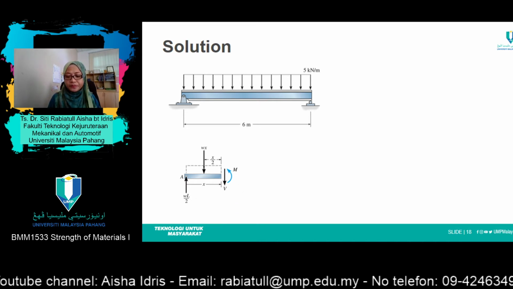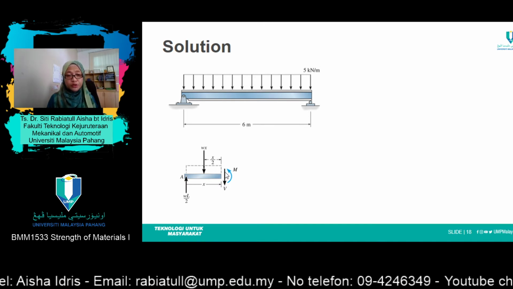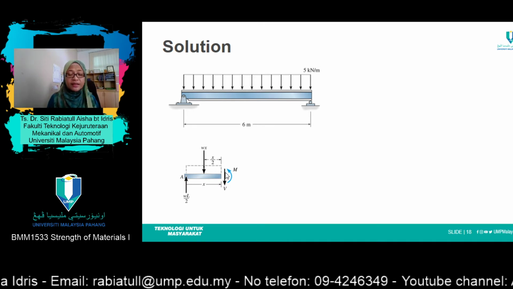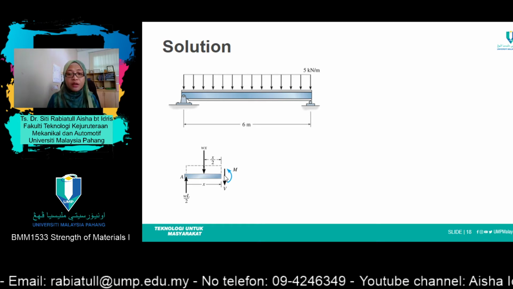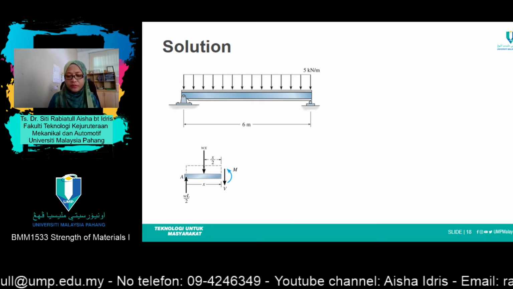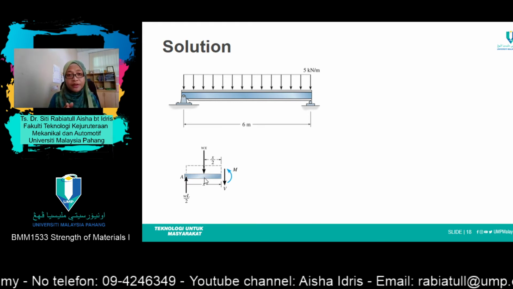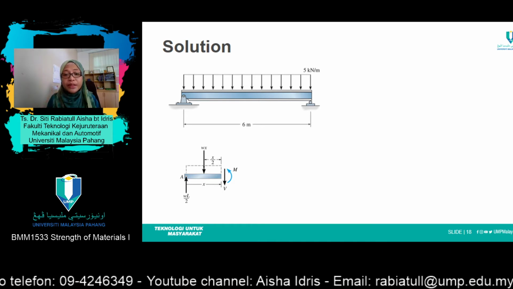Okay. Remember, for uniformly distributed load here, you need to represent it as an average value for a single load. So the distance itself also needs to be at the center of the section that has been cut.